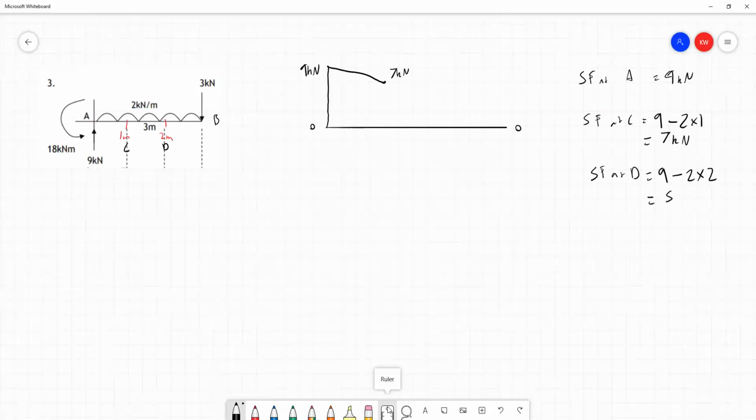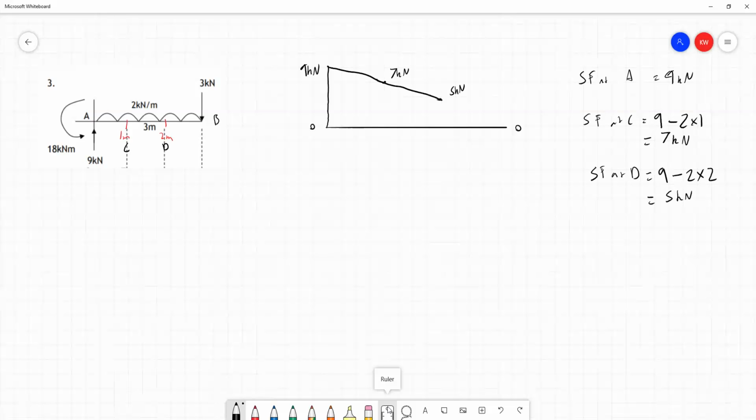So we're left with 5 kilonewtons of shear force remaining. And so we plot this at point D on our beam as well. And this continues our straight slope down to this point. We mark 5 kilonewtons to indicate the value of the shear force.